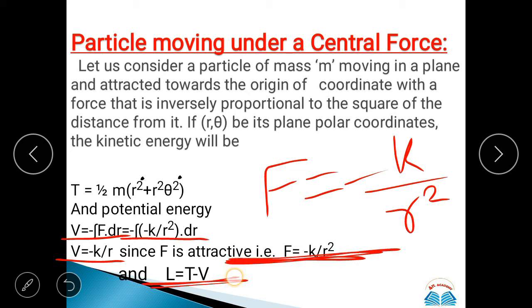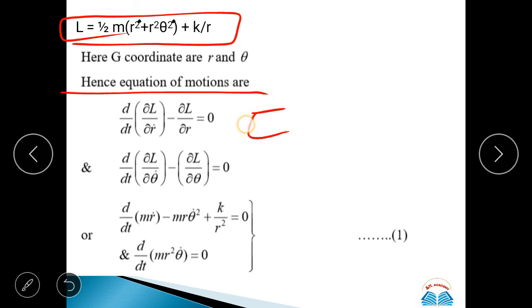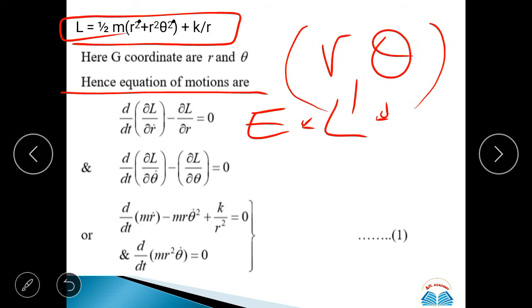Now L equals T minus V. We put in both the values of T and V, and the equation of motion is the Euler-Lagrange equation again. Here the generalized coordinates are r and theta, because we are talking about polar coordinates now.